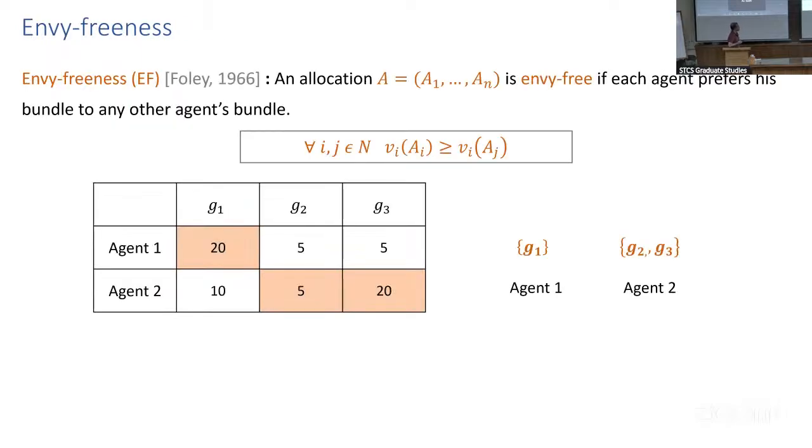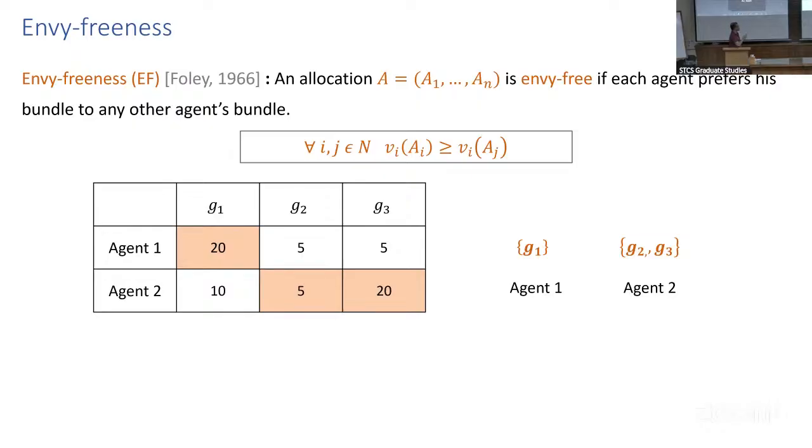Okay, so coming back to envy-freeness, an allocation is envy-free if each agent prefers his own bundle over any other agent's bundle. So formally, for any pair of agents i and j, v_i(A_i) is greater than or equal to v_i(A_j), where A_i is the bundle that agent i has and A_j is the bundle that agent j has. So let's understand this definition by an example. I'm assuming additivity in this example.